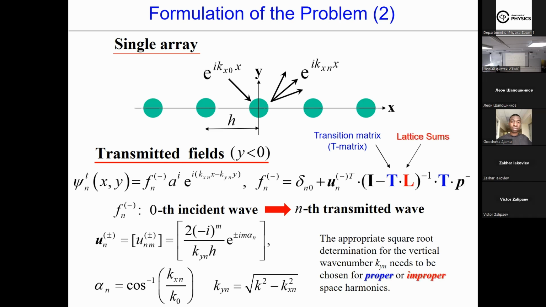I will show later, but this is actually important. For each space harmonic, it can be proper determination or improper determination. Proper determination, I mean, the answer is no. Yes, but every time you should take it in the upper half space? Yes, but it depends on each space harmonic.